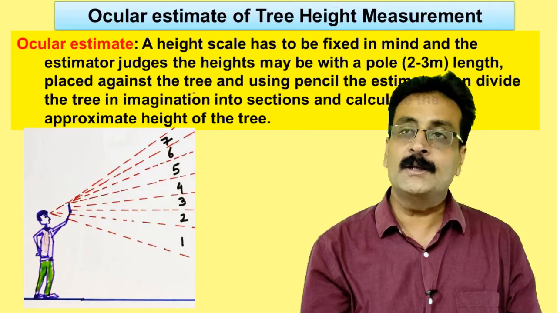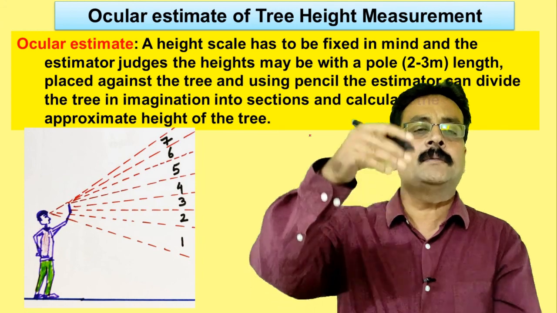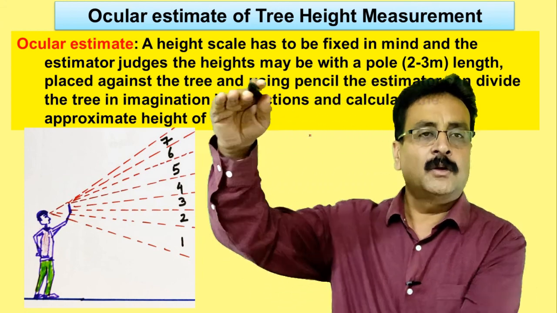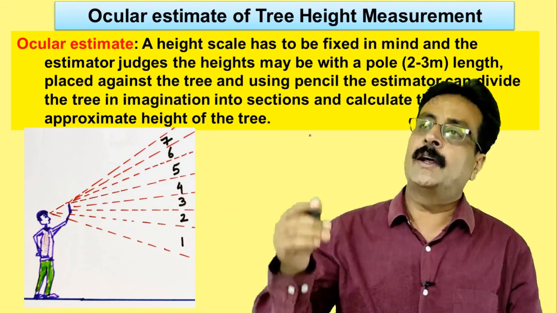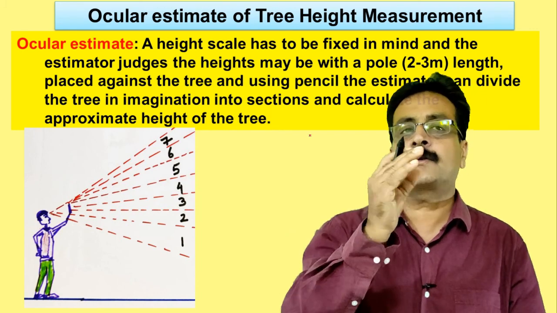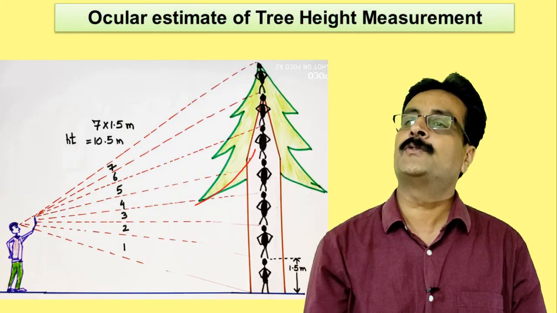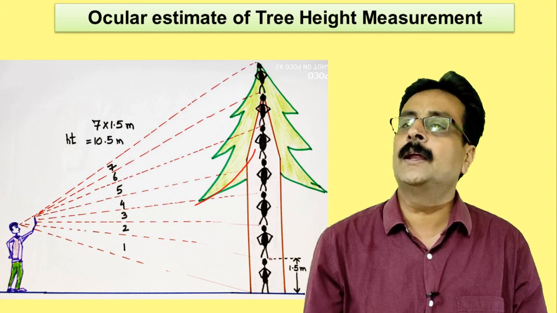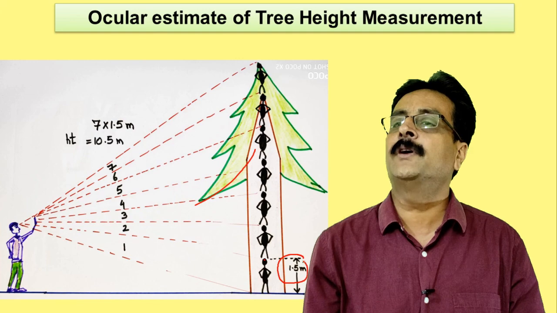So I'll tell you how to do it. We can fix a small pole on the base of the tree, and then, judgment-wise, we can measure the height of the tree. But this requires a lot of experience, and we get an approximate height, not very accurate. For example, this is a tree, and if some person is there with you, you can let him stand at the base, and say his height is 1.5 meter.